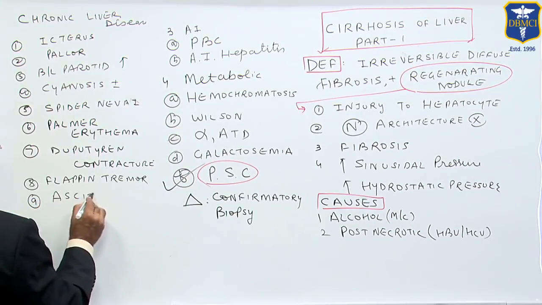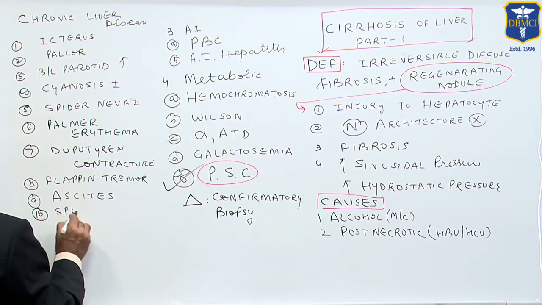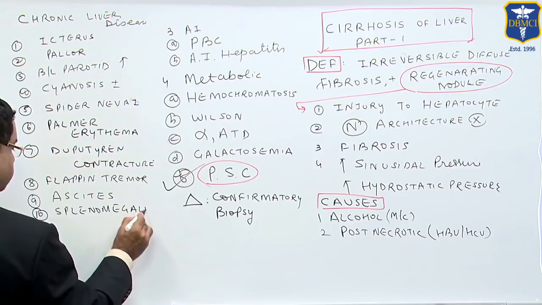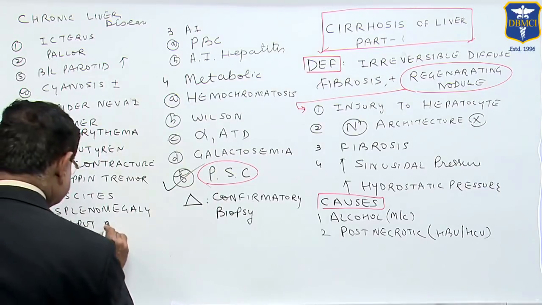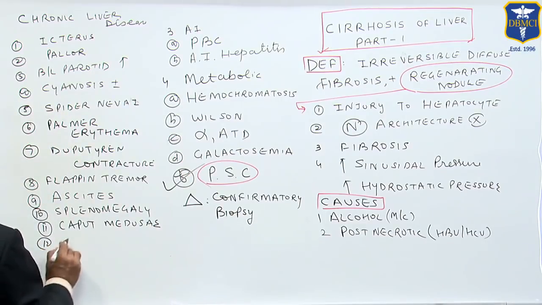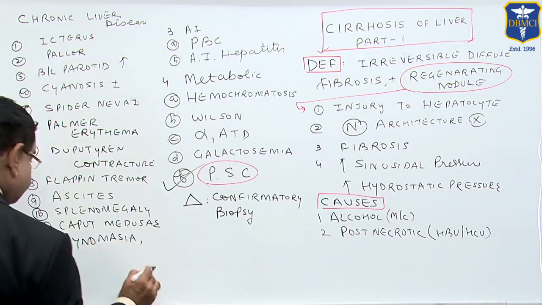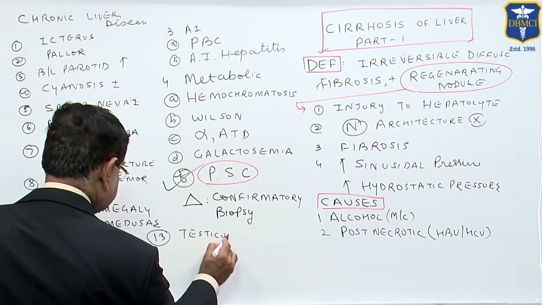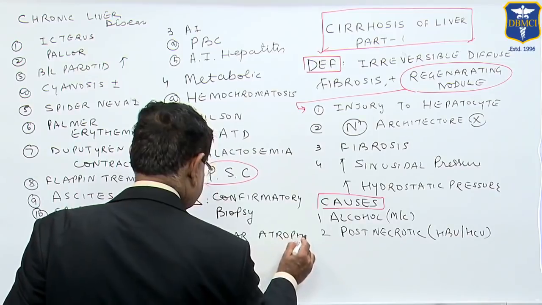Ascites, splenomegaly, caput medusae, gynecomastia, testicular atrophy, and alopecia.